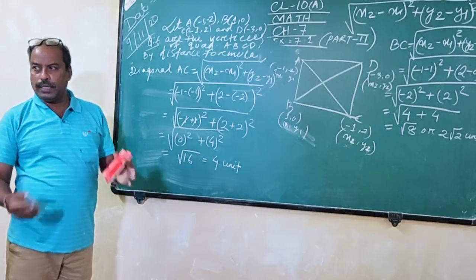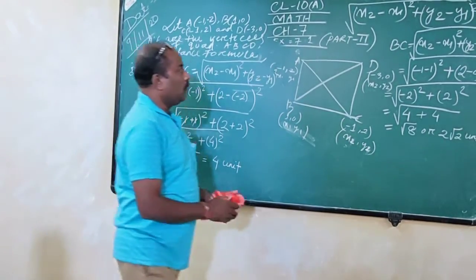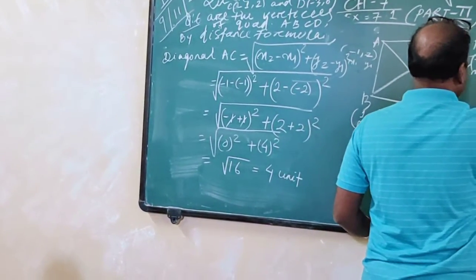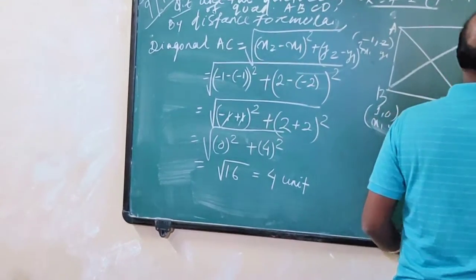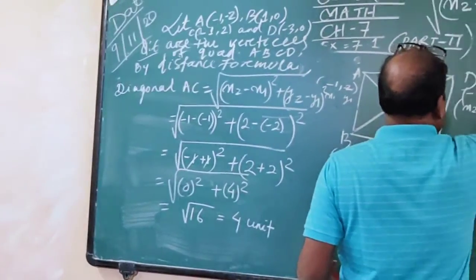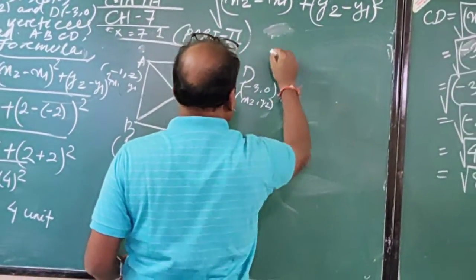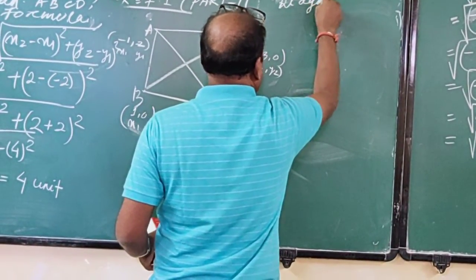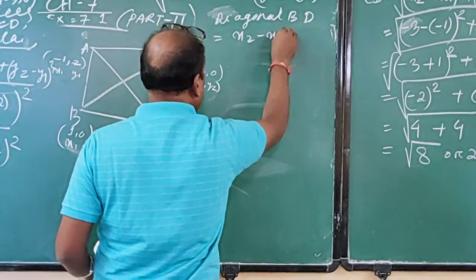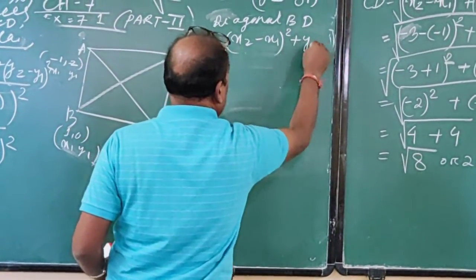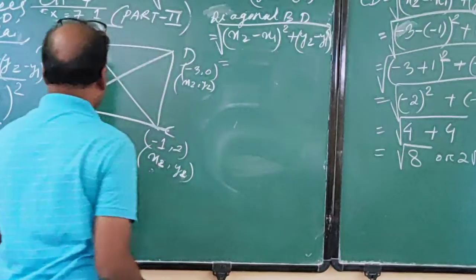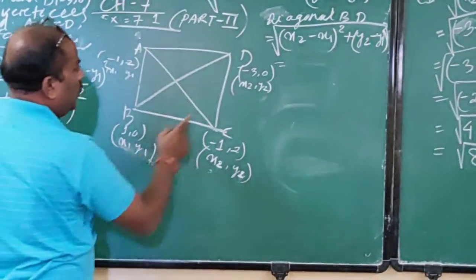Again we have to find out another diagonal. What is that? BD. Now diagonal BD we need to write; I am just drawing this diagonal BD. For diagonal BD, same formula: the square root of (x2 minus x1) whole square plus (y2 minus y1) whole square. For BD, this is x1, y1 and this is x2, y2.